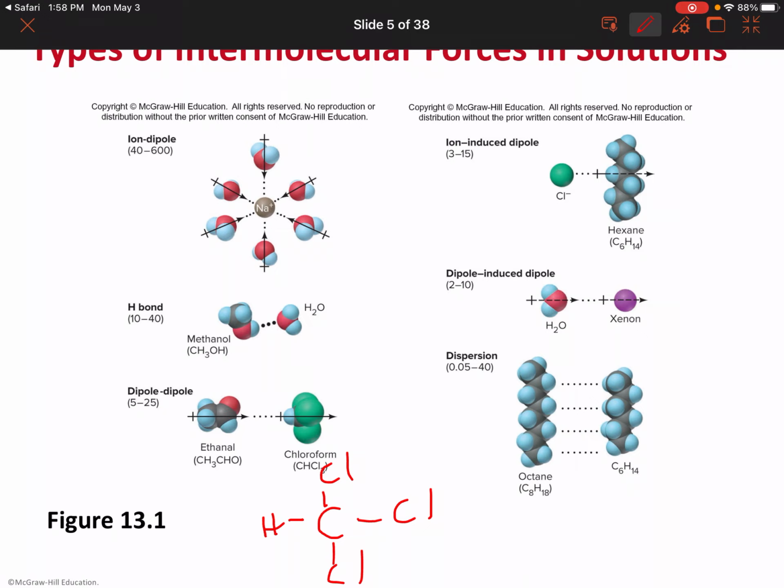And you can also have the ethanal molecule, which is CH3, there are three hydrogens, and COH.